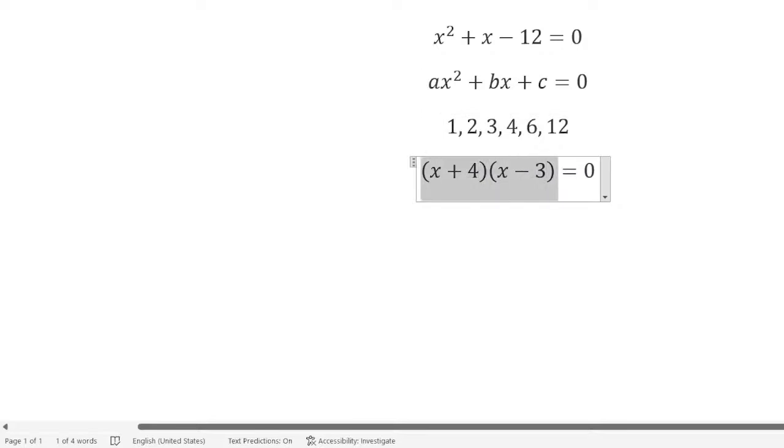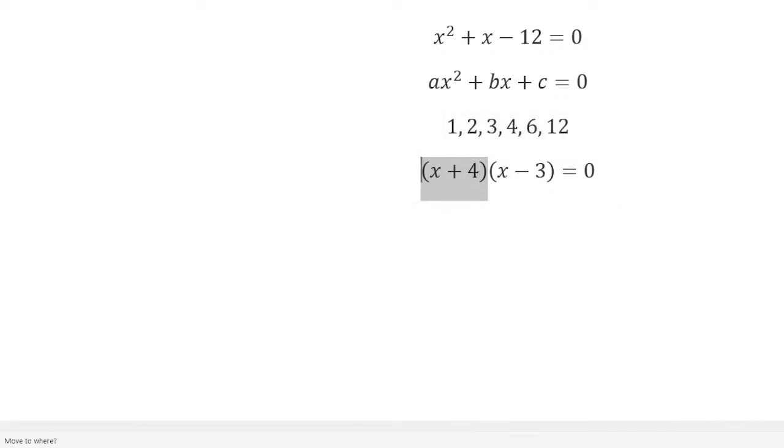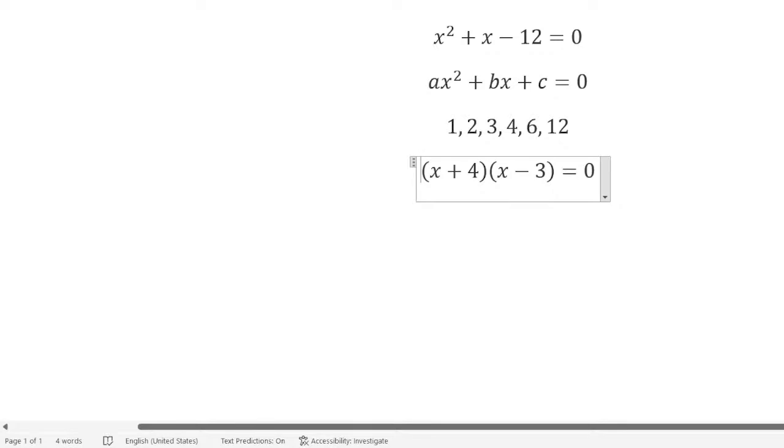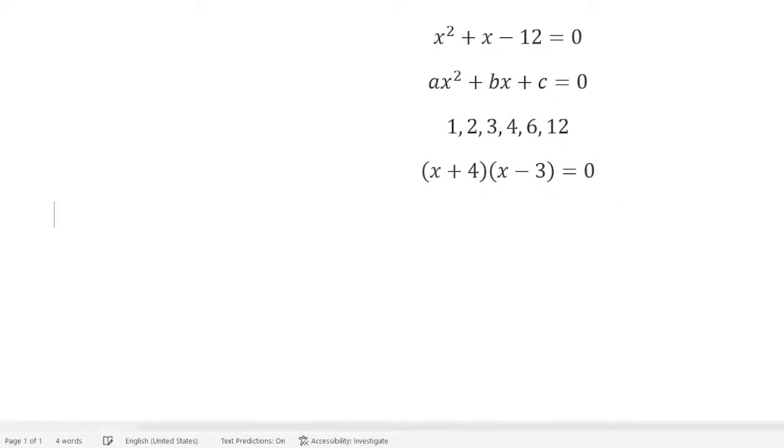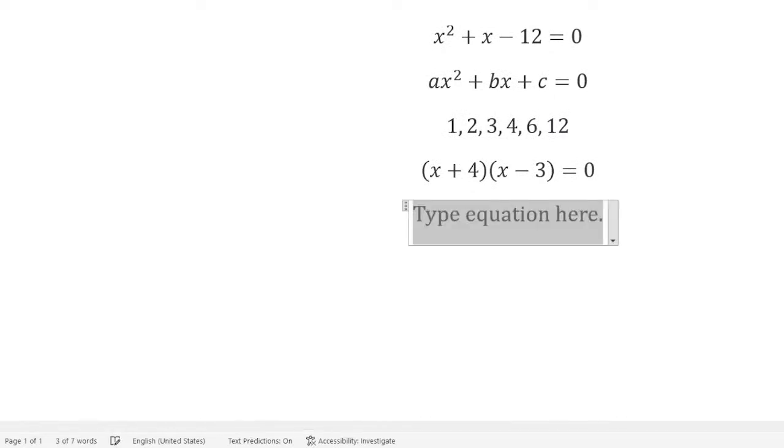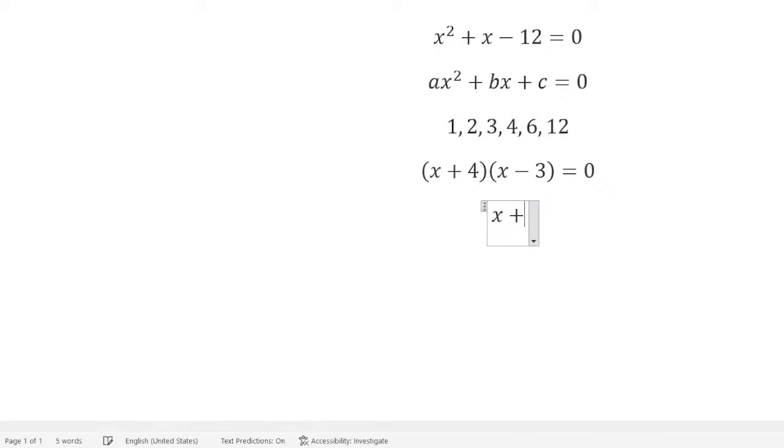So we say 4 minus 3 will give us 1. So then we say x plus 4 is equal to 0, or x minus 3 is equal to 0, right?